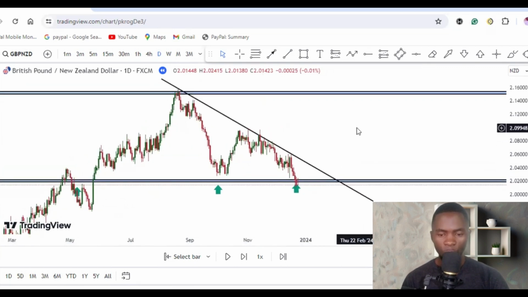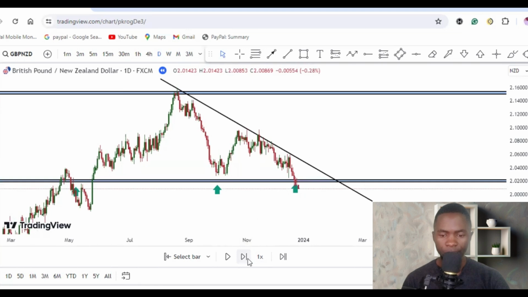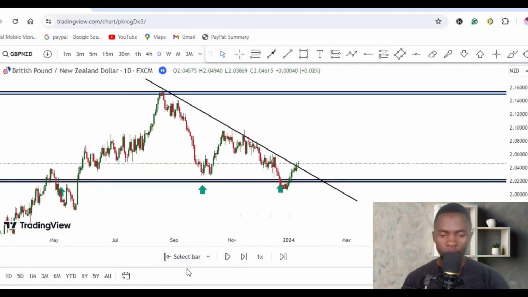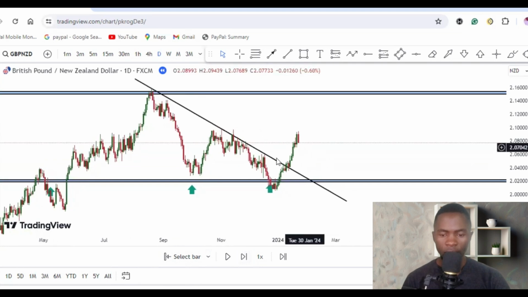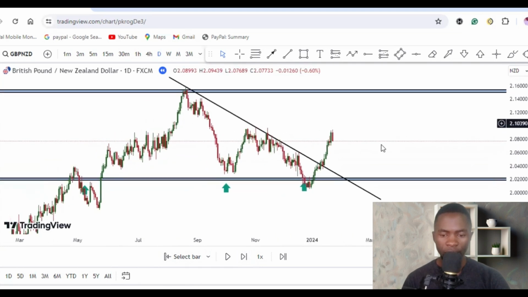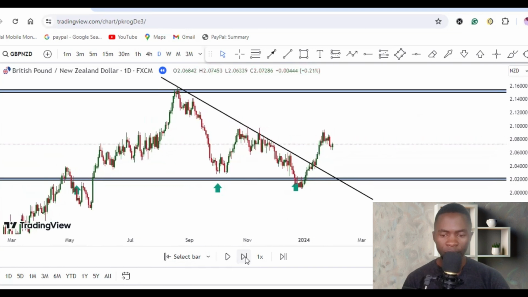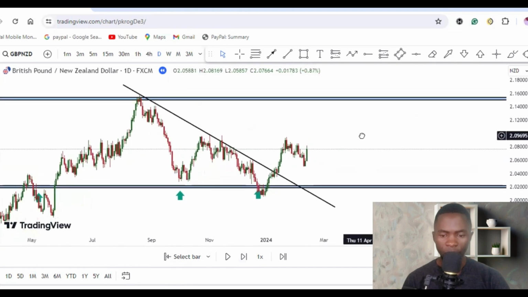Now, the second thing, I'm going to see the market break this trend line so as to know the change of direction. The market has broken pretty well.